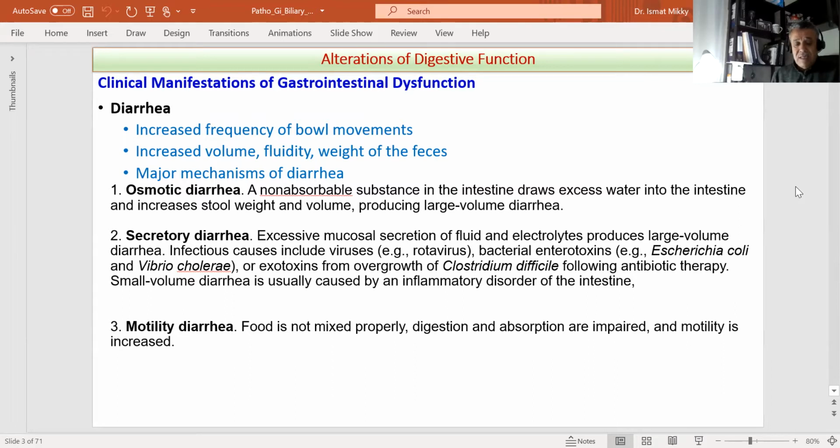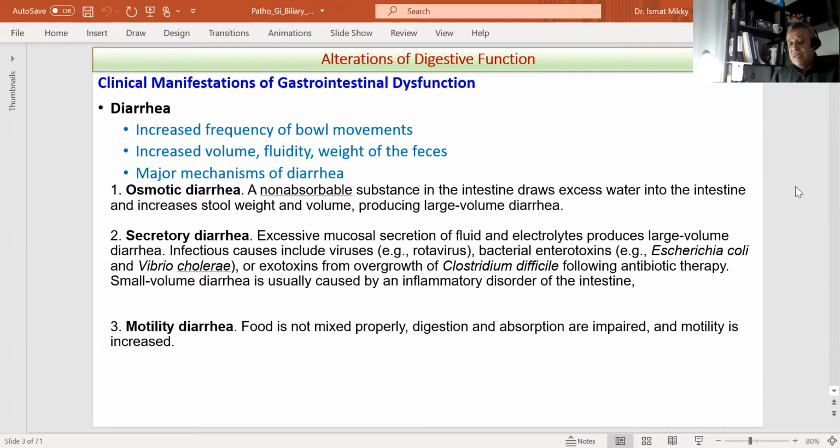The second type is secretory diarrhea, which usually results from infectious causes, like bacterial infections, C. diff, or rotavirus, or E. coli.